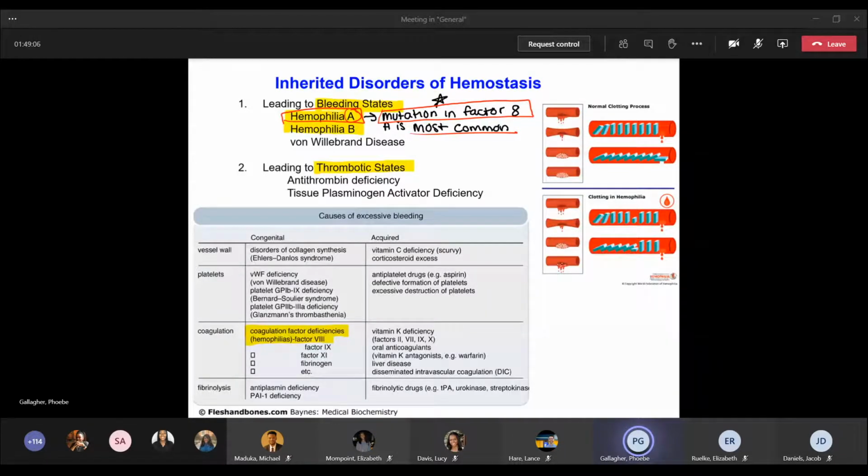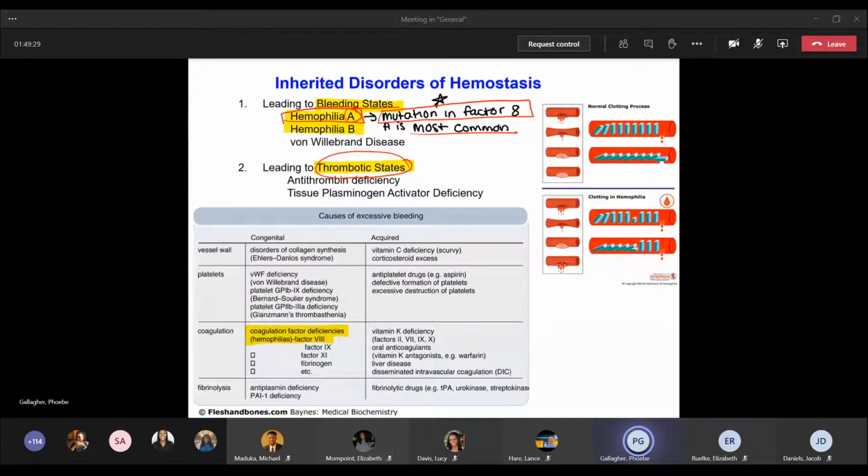But for this slide, she mentioned that there are two types of disorders. You've got your bleeding disorders, where you have excessive bleeding, or excessive clot formation with certain types of disorders. Essentially what your body's doing at all times is balancing between your bleeding and your thrombotic state.